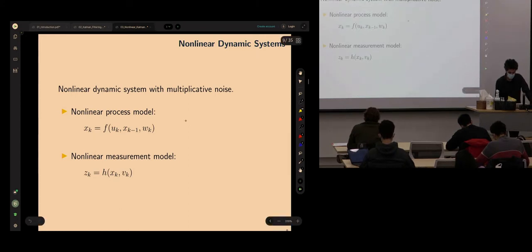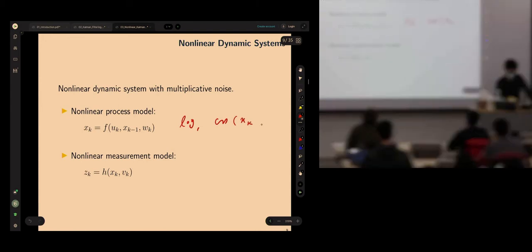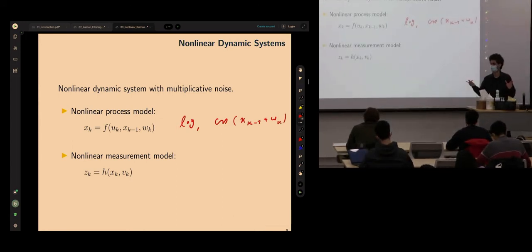For example, you have a log or cosine, and then somehow noise is mixed up here, right? It's not decoupled from the entire process. It's somewhere inside. But this, of course, includes the additive part as well.